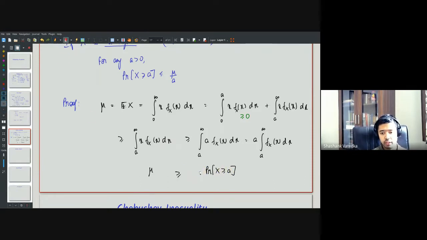Or if I take a to the other side, mu over a is greater than or equal to the probability that x is greater than or equal to a. So the probability that x is greater than or equal to a is less than or equal to mu over a. Okay. So it's a simple inequality. The proof is simple, using just a couple of tricks. Any questions so far?